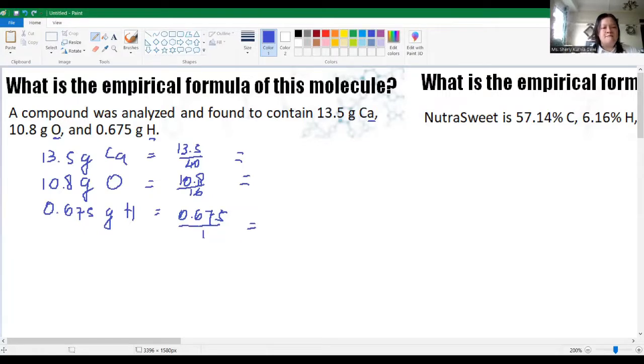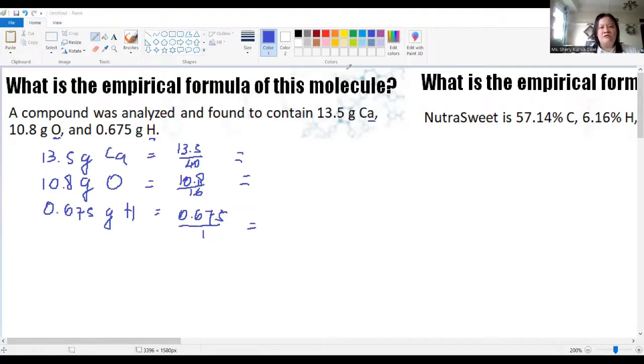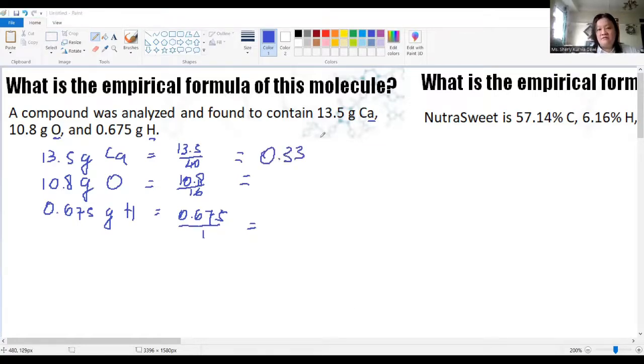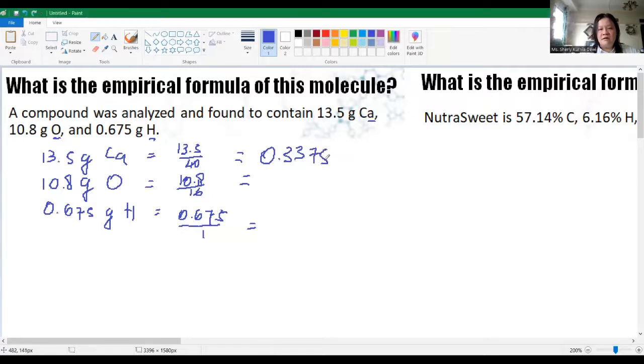You can use the calculator, because you absolutely need a calculator. 13.5 divided by 40 is 0.3375 moles.